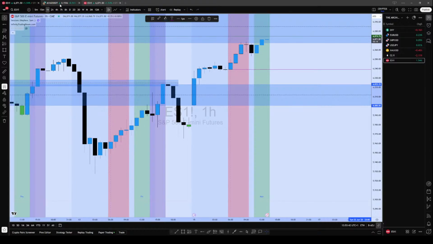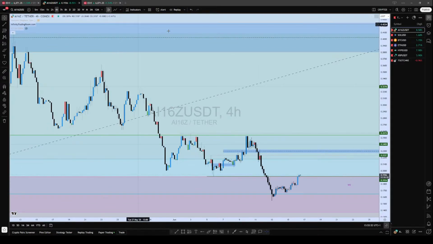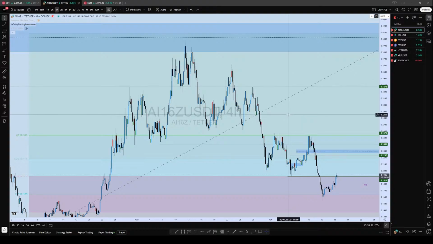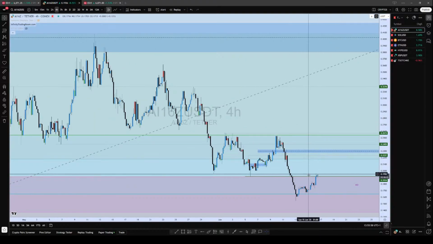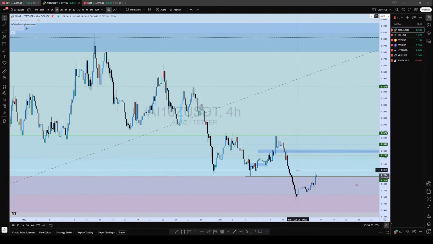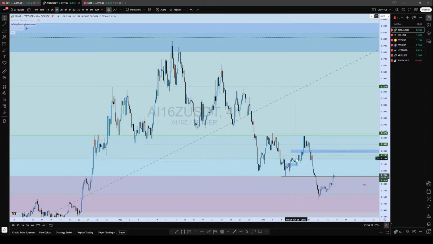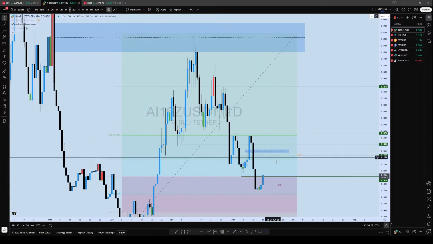Today is Monday, so let's take it slow for the beginning of the week. Okay, AI16Z, I think we came back to OTE, and I made mention that if you did miss buying, it's now come to the best level for the buy to happen.